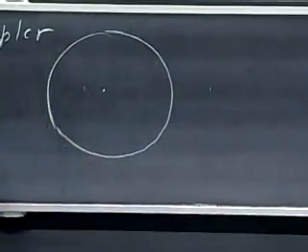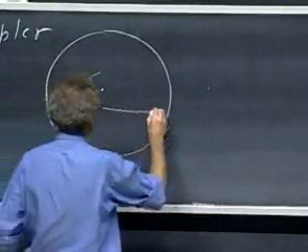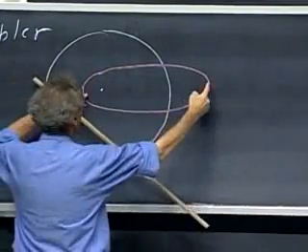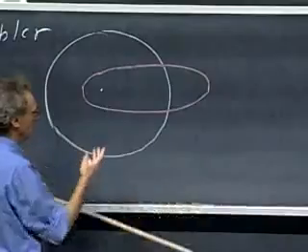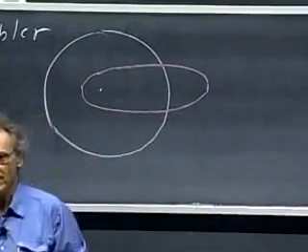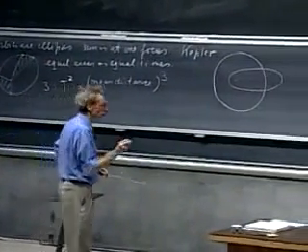Think of it as being an ellipse, and this is another one. This distance is the same as this distance. I've just done it that way. That means, according to equation 5 and 6, that both orbits have exactly the same mechanical energy, and both orbits have the same period.